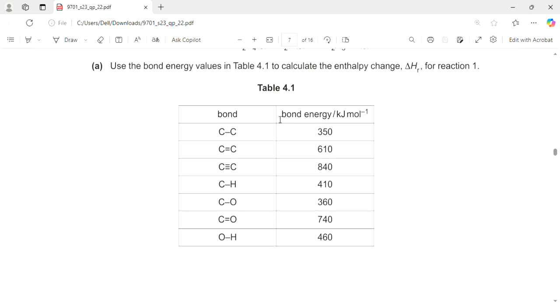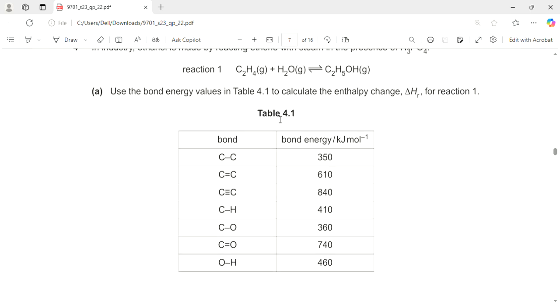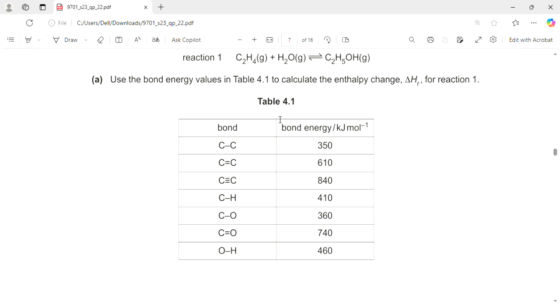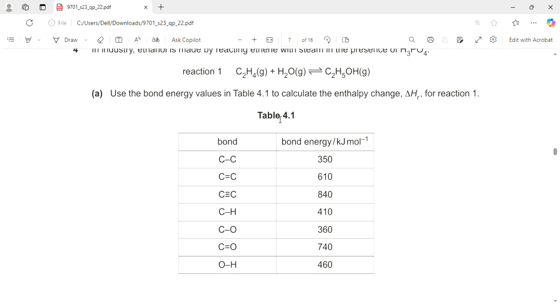Okay, so here is the table, so we can use this table to calculate the enthalpy change for the reaction.